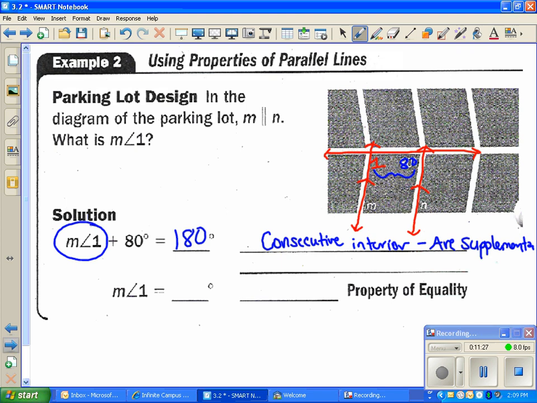Algebra. Guys, how do I get a variable by itself? How do I move that 80? Good. Subtract 80 from both sides, you get 100, and that is called the subtraction property of equality. Is that okay? So you're using a little geometry knowledge and a little algebra to solve the problem.